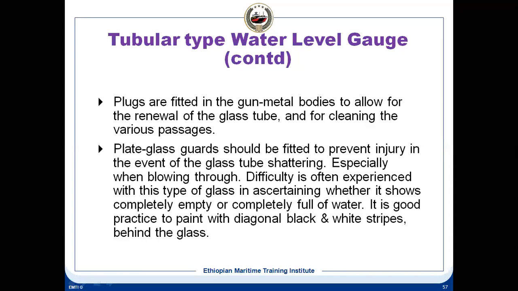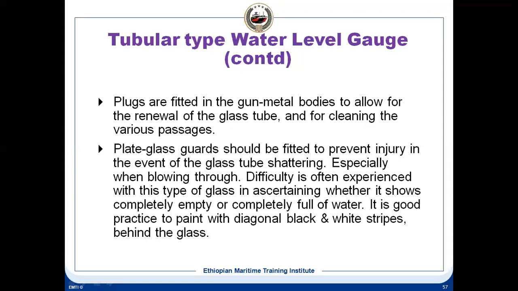And with this tube type of gauge glasses, sometimes it becomes difficult to understand whether it's completely empty or completely full. So some people follow the practice of painting diagonal black and white stripes behind the glass.